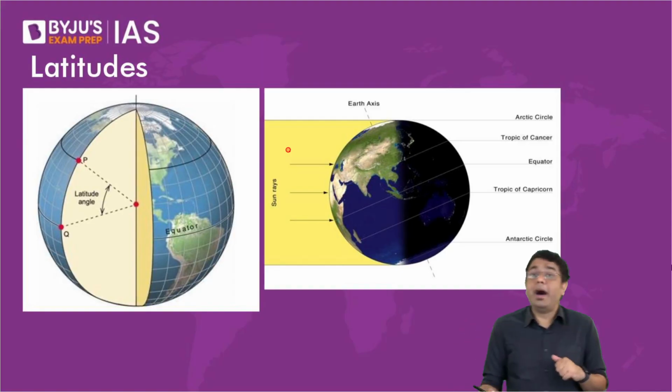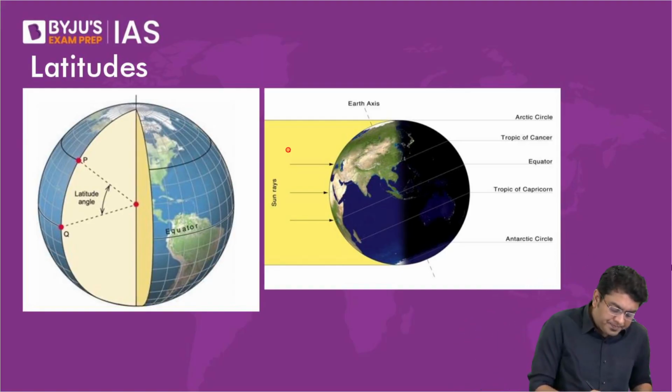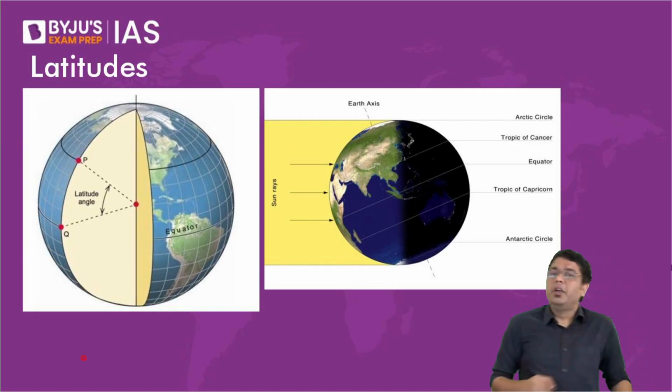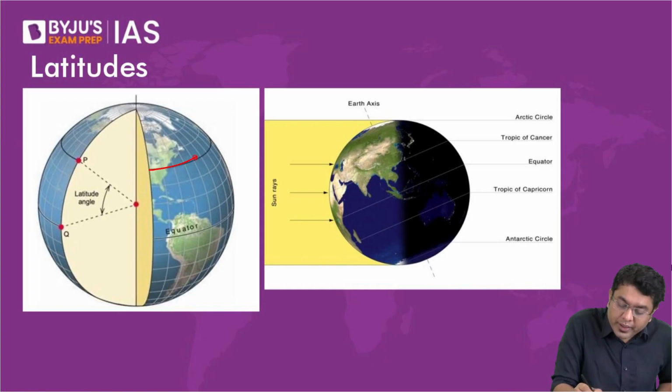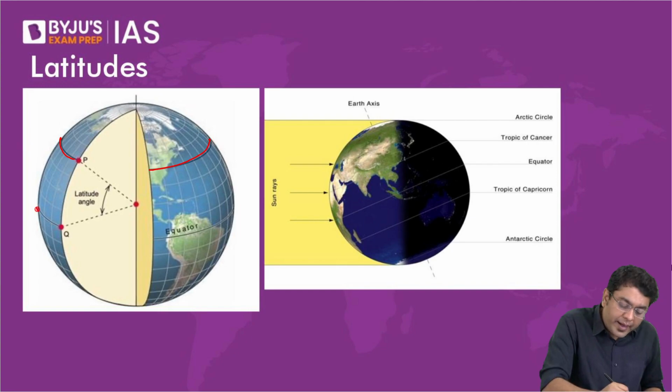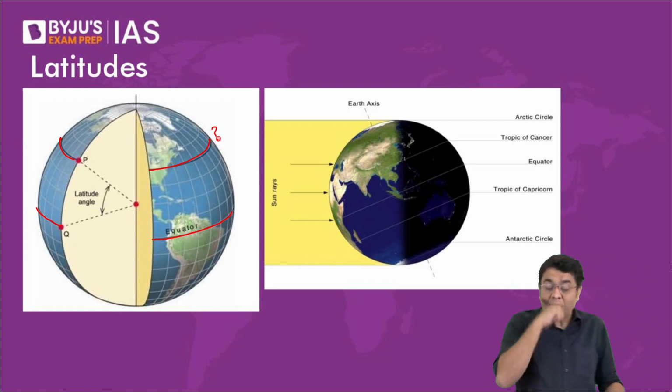Let me explain how. Let's suppose we want to measure the angle of the latitude that you see drawn here at P. This is your equator at Q. So I have to measure the latitude angle here.